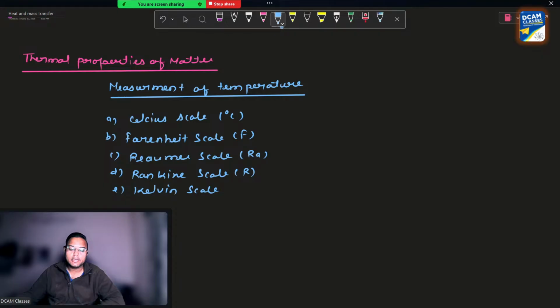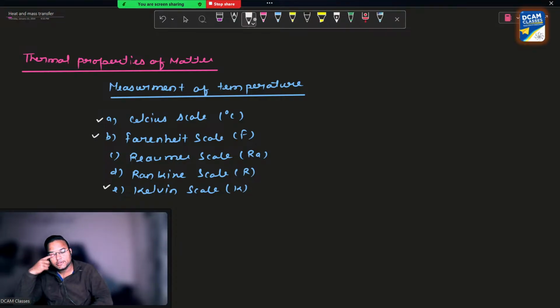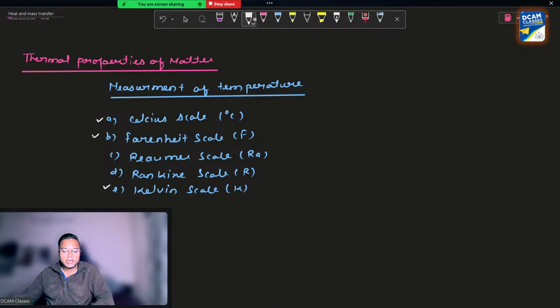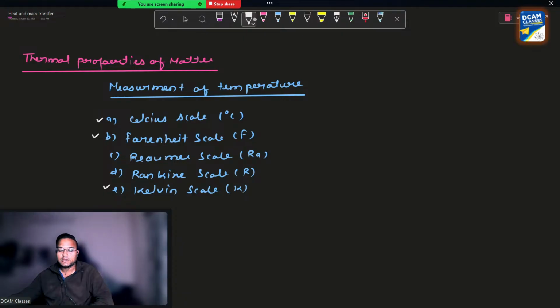Usually in our calculation, we use Celsius and Kelvin. This Reaumur and Rankine are actually new to us. Don't worry, they are actually not asked much in examinations, but you should know how they are related. I'll give you a short formula on how to convert one scale of temperature to another.